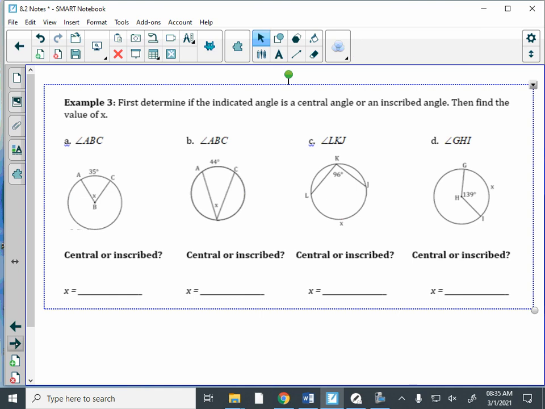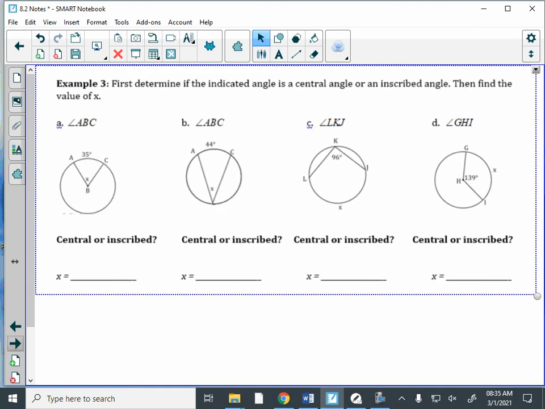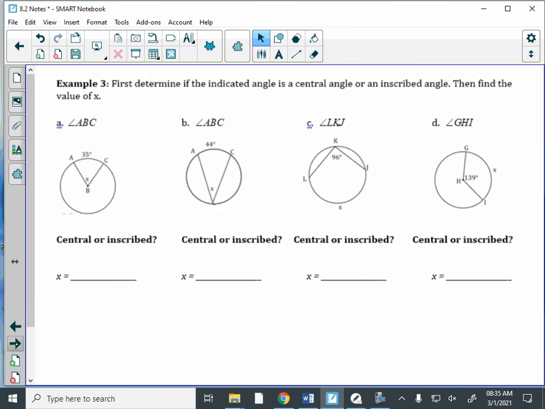Sometimes inscribed angles and central angles are in the same problem, and you need to identify which one's which. You're not going to be told, oh, this angle is an inscribed angle, find it, or, oh, this angle is a central angle, find the arc. You are going to have to determine which is which. So if we take a look at A, here's our angle.